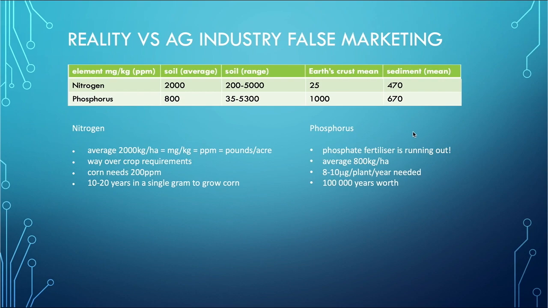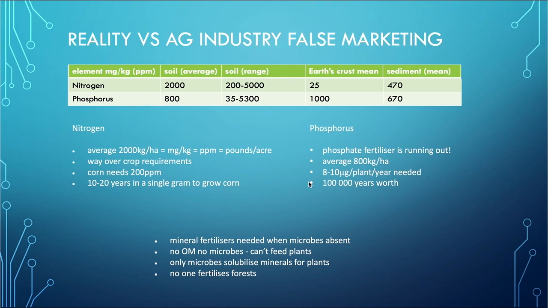They just go into waterways and kill our oceans and cause all kinds of problems. But an average soil will have about 800 kilograms per hectare, and 8 to 10 micrograms per plant per year is actually required. So that gives us about 100,000 years worth of phosphate just in your soil already. So why would you buy it?